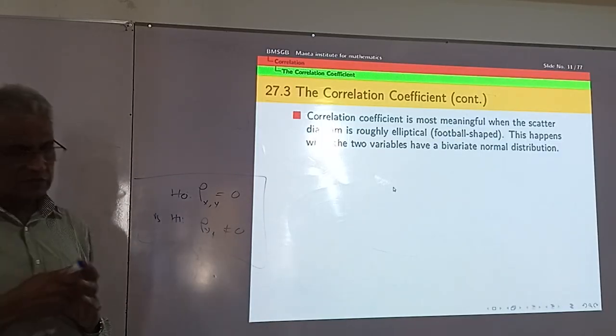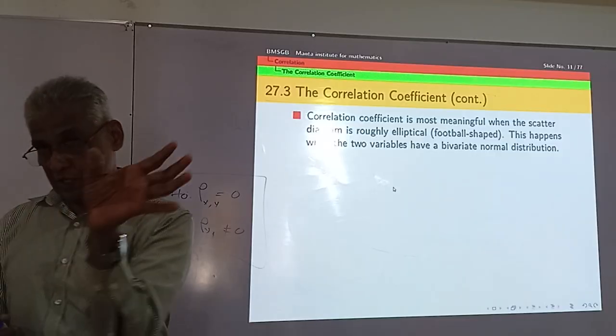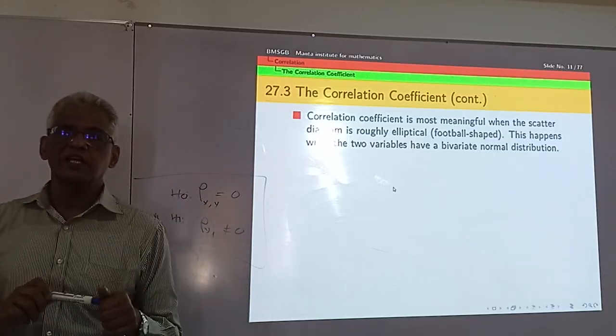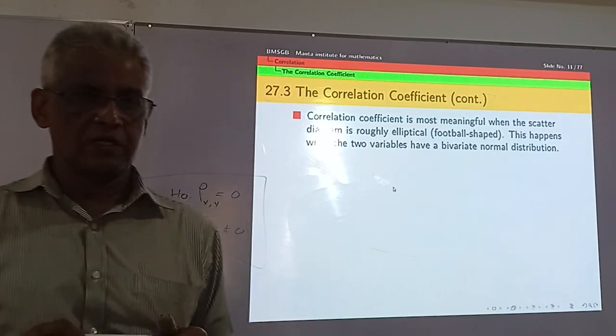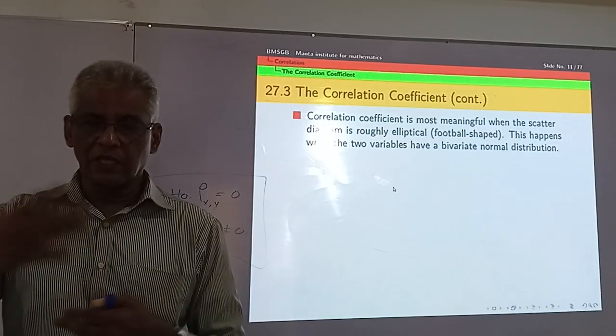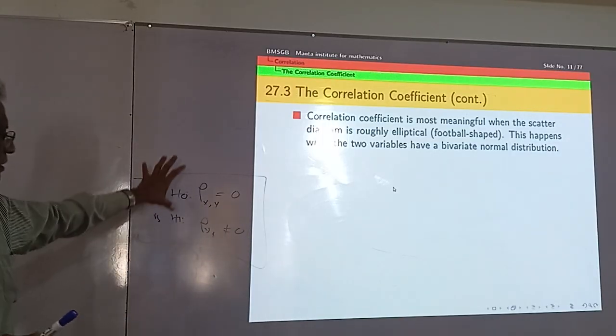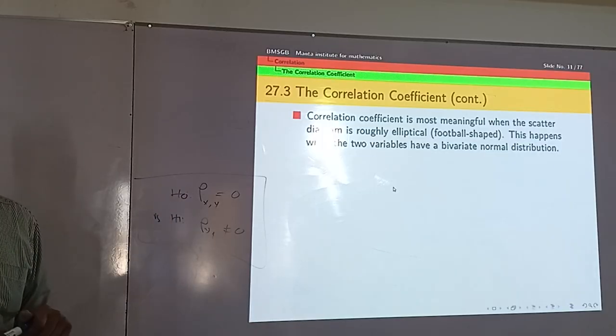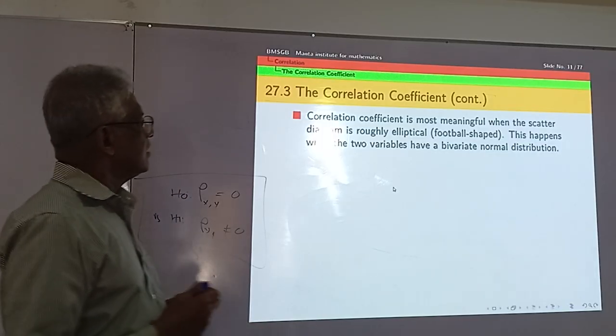More accurately, we say that if the XY values have a bivariate normal distribution, not a univariate, a bivariate normal distribution, then only can this hypothesis be tested using the so-called t-test.